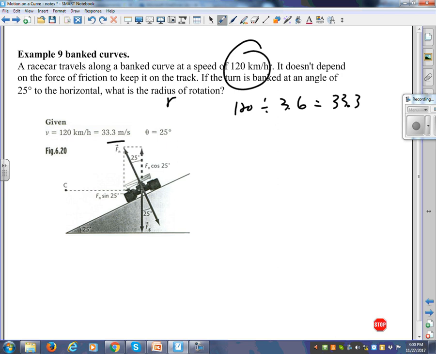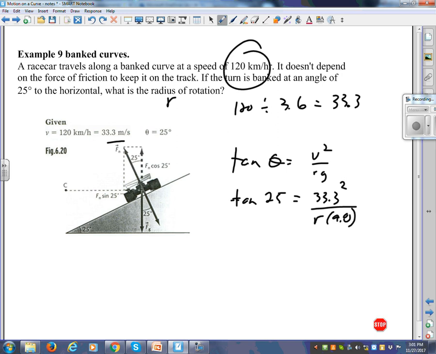Okay, so we are solving for r. What was that new formula? Tan theta is equal to v squared over rg. So tan 25 equals velocity squared, so 33.3 squared over r times 9.8.